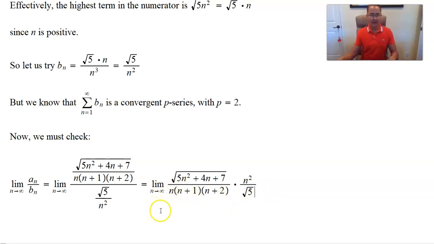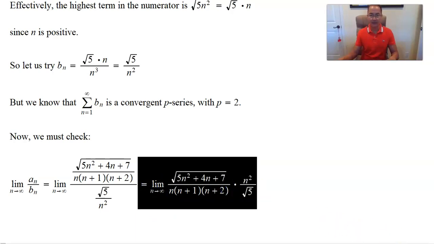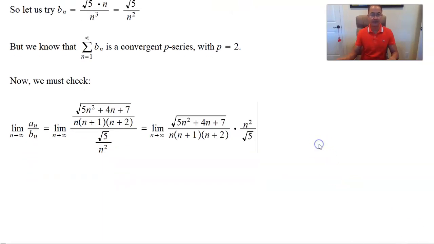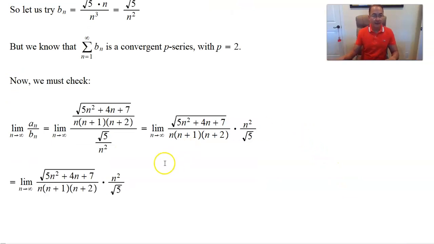So now, what are we going to do? Well, we need to simplify a little bit. So n cancels, that's nice. And we have that somewhat simpler. Okay, so we have n square root of something over n plus 1, n plus 2.